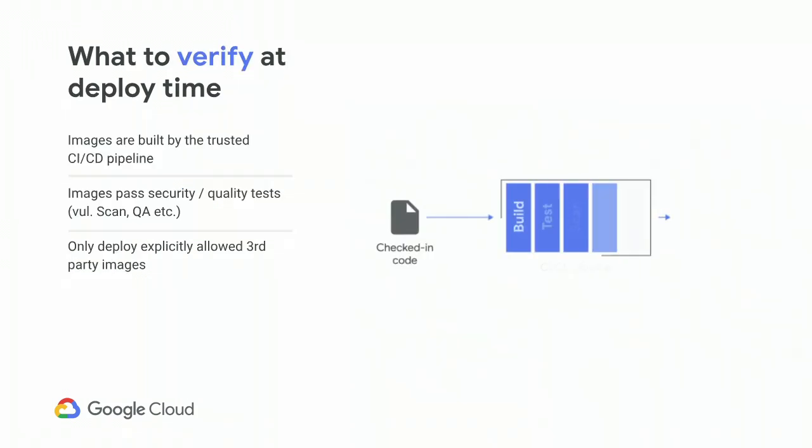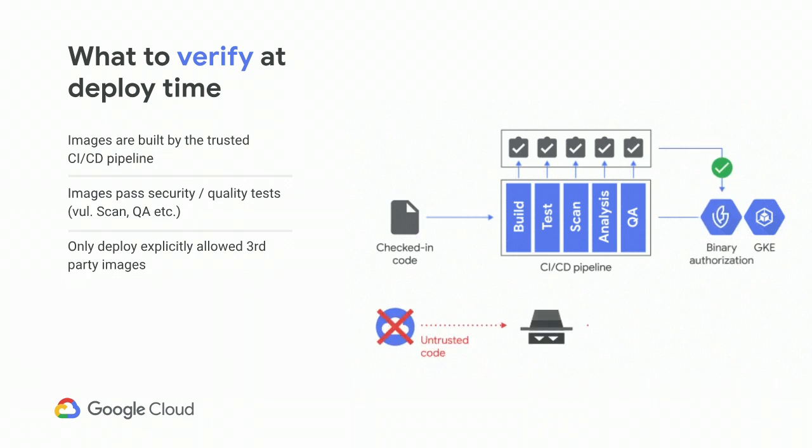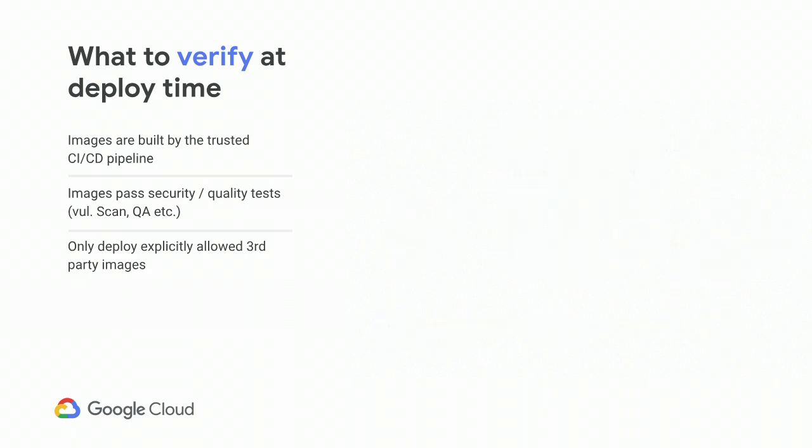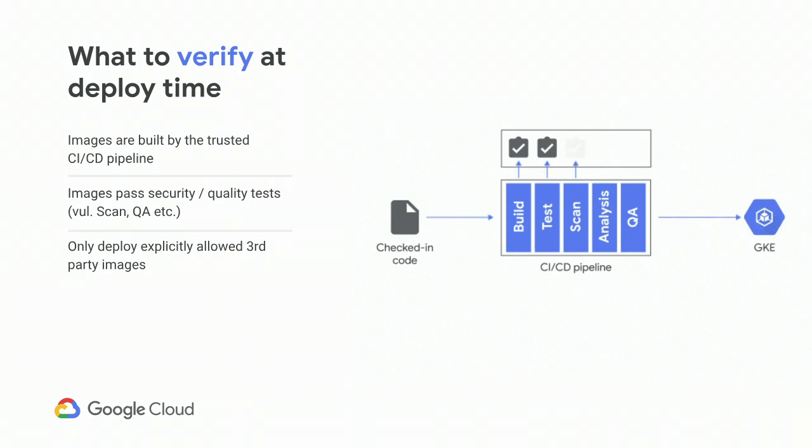So the way it works is binary authorization integrates with your CI/CD pipeline and records a signature as the image passes through each of the stages in your CI/CD pipeline. That signature signifies that the image has satisfied the requirement for that particular stage. For example, the builder would put a signature on your image saying, I'm the secure builder, I built this image.